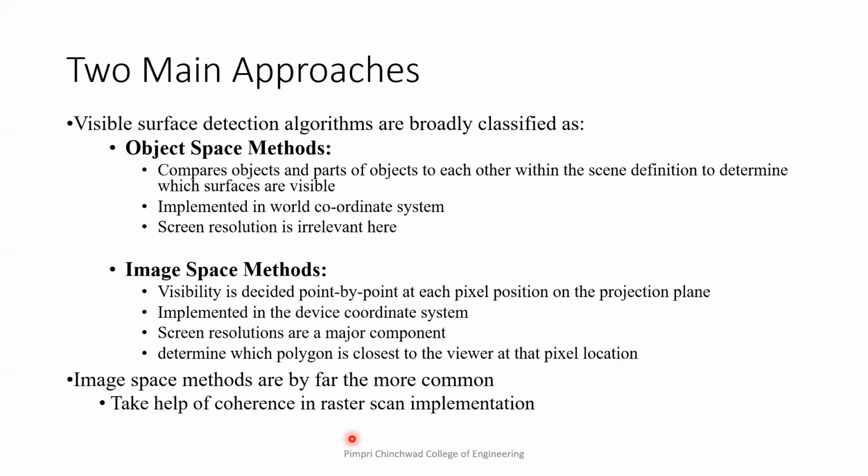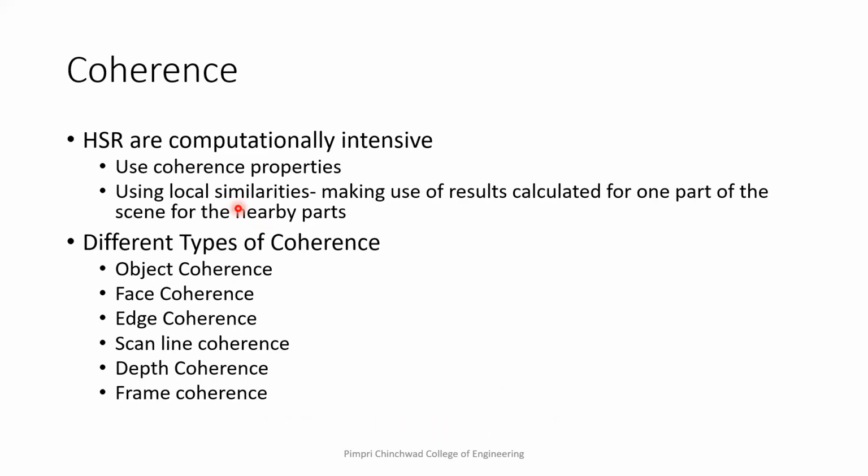Image space algorithms are more efficient. Why? Because it is easier to take advantage of the coherence in raster scan implementation. What is coherence? Coherence means using the local similarities, or making use of the results calculated for one part of the scene for the nearby parts.